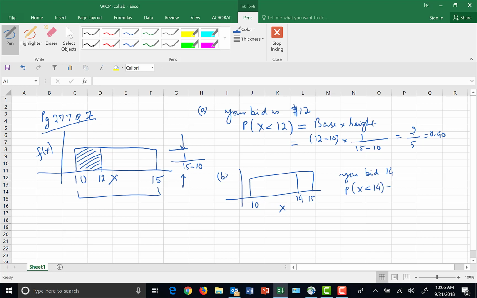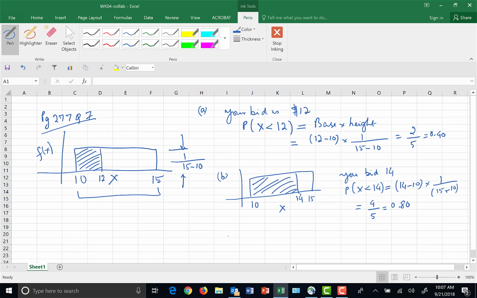This is again equal to base multiplied by the height. The base is 14 minus 10. By the way, it always helps to shade the area that you're trying to compute. The probability that x is less than 14 is the area that I just shaded, which is base multiplied by the height, and the height is 1 divided by 15 minus 10. So this is equal to 4 divided by 5, or 80%. Okay.